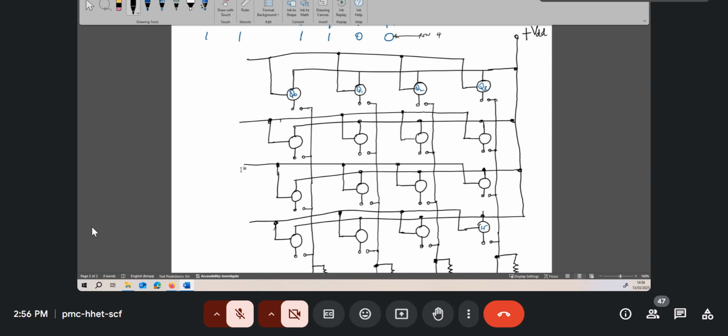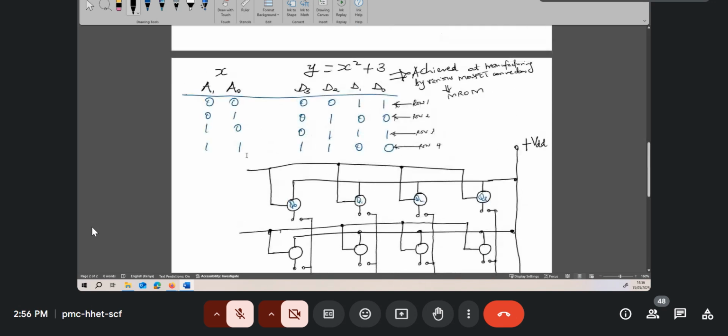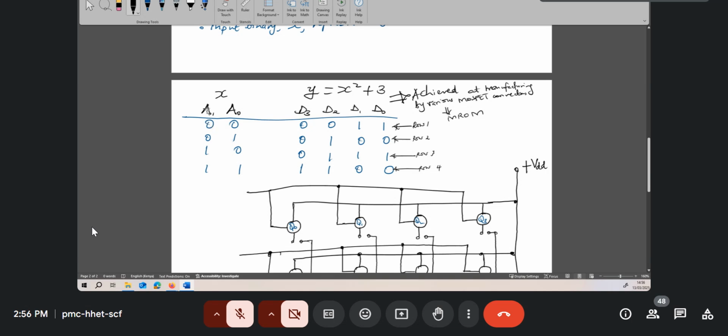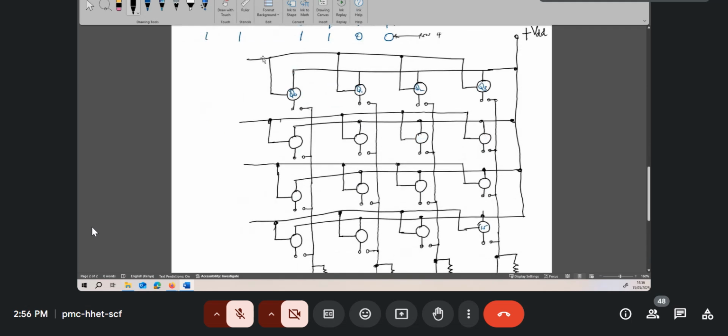Yes, anybody? The input X. The input X, but our input X only has two lines, A1 and A0, yet we have 4 memory locations. How would we connect the input X to those 4 memory locations?